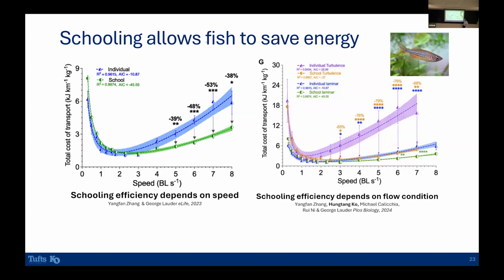We swam them in turbulent and laminar flows. And what you see is that in the turbulent condition in particular, individual fish spend way more energy compared to swimming in a school. The idea is that in turbulent flow, being in a school is particularly helpful because potentially your leaders filter some of the turbulent structure out, and the followers can benefit more in this unstructured environment.